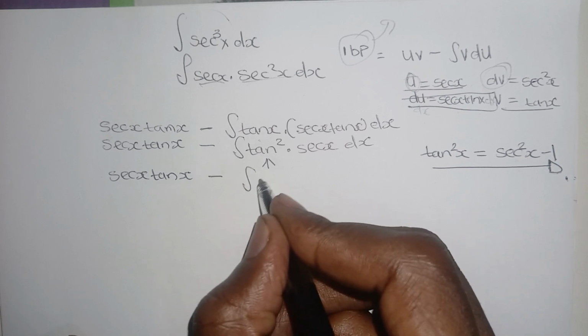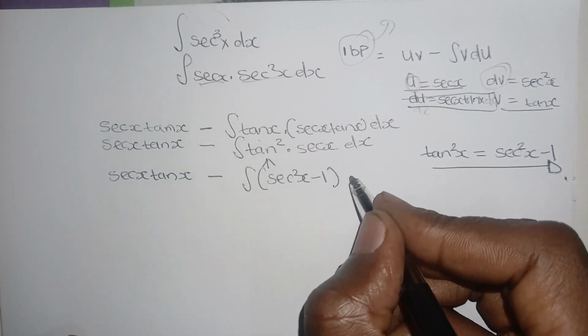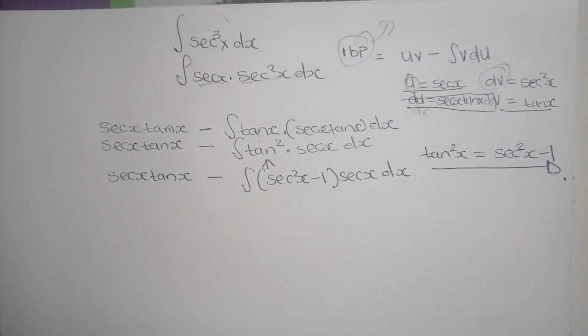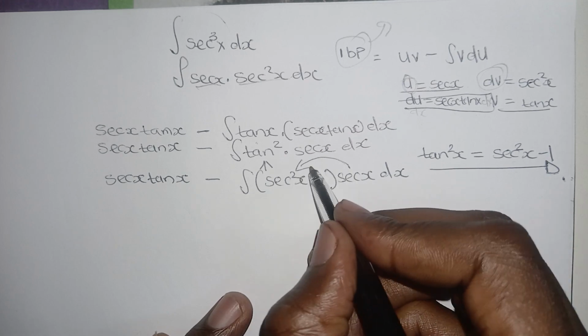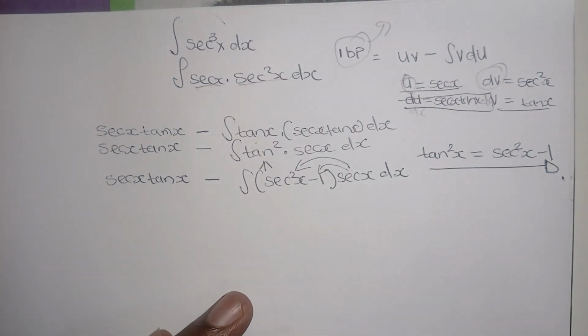Minus 1, then dx. Right. Now the next thing to do is to distribute this throughout. We need to distribute this throughout.